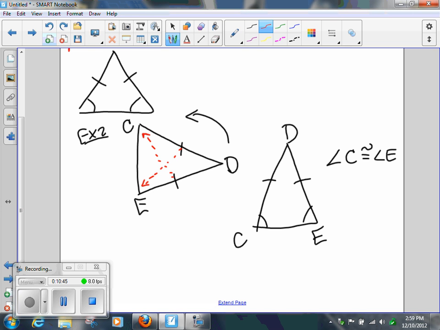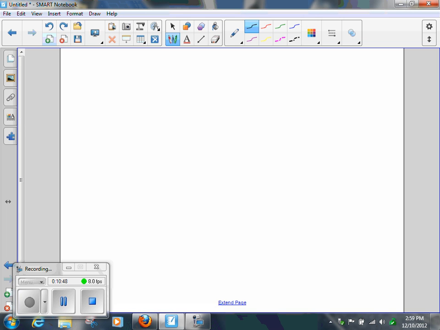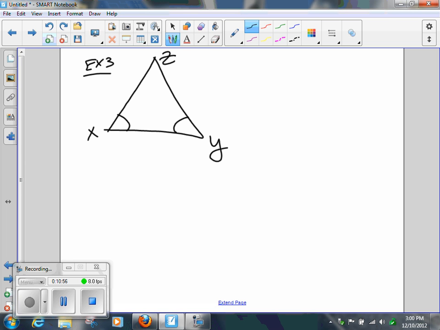I can back this thing around and I can say, okay, I've got triangle XYZ, and triangle XYZ has two congruent angles. Name the congruent sides.